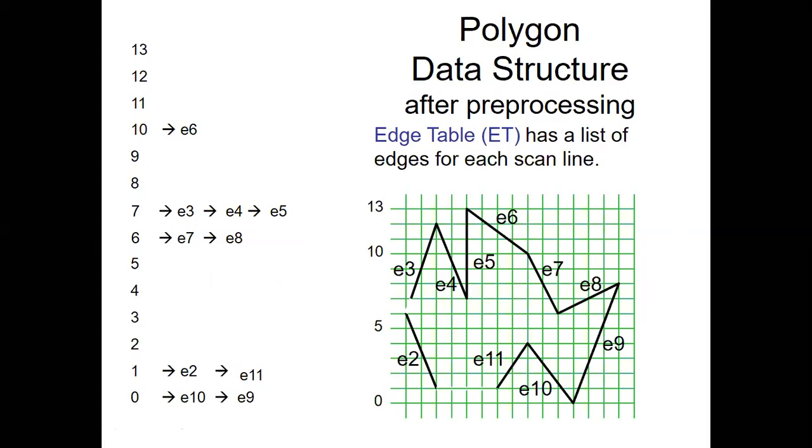Then one more, E6, E7. You can chop either the lower one or the upper one. The mathematics remains the same. So chop it, and it will now go to the 11th. So this is now the ultimate edge table after pre-processing.